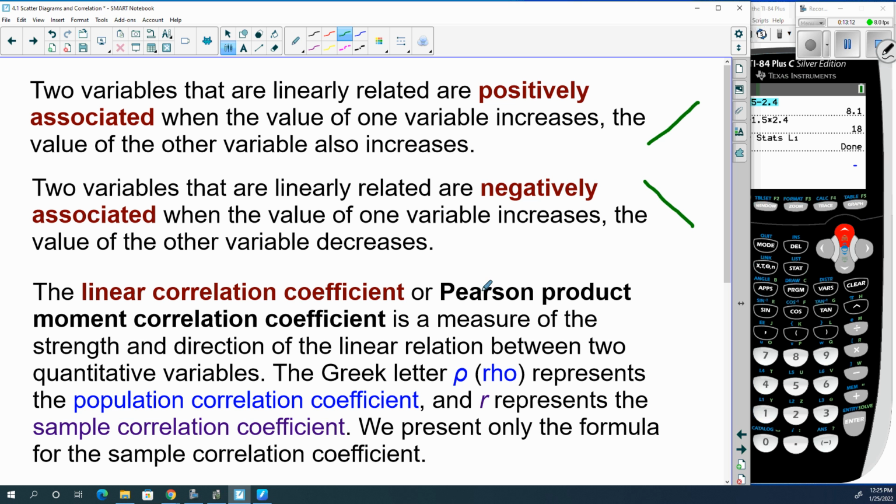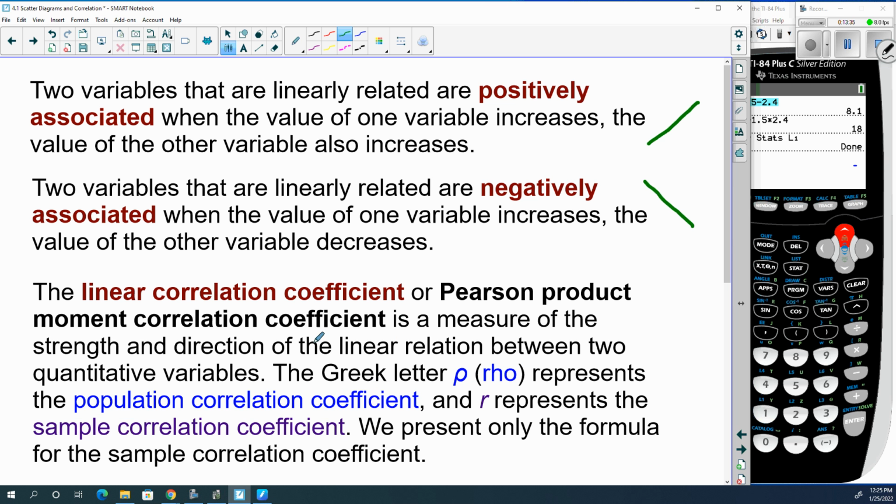The linear coefficient, or the Pearson product moment correlation coefficient, I always just call it the correlation coefficient, is a measure of the strength and direction of the linear relationship between two quantitative variables. The Greek letter rho, which kind of looks like a P, is the population correlation coefficient.